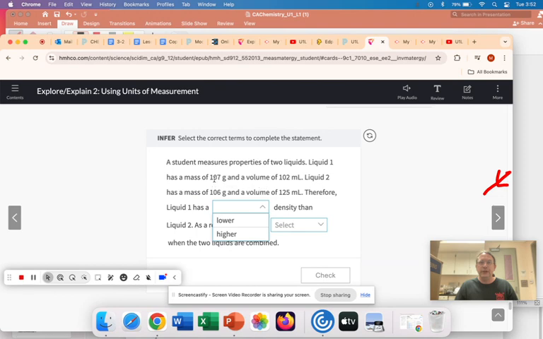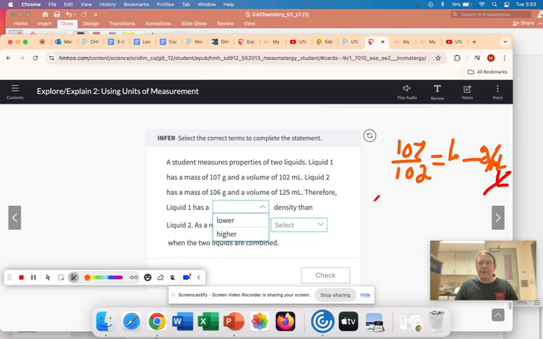So let's see. If I divided grams per milliliter, right? Which number would be larger? 107 divided by 102 is a value pretty close to 1 point something grams per milliliter.